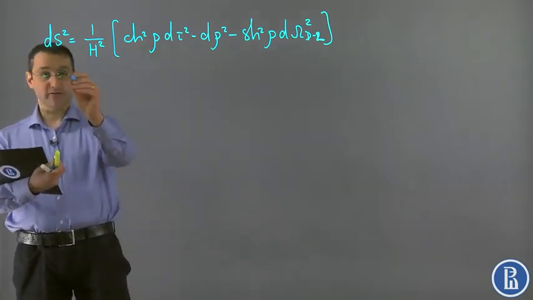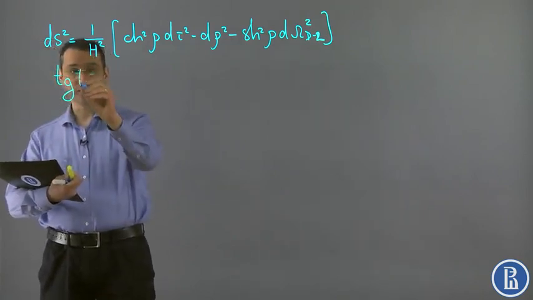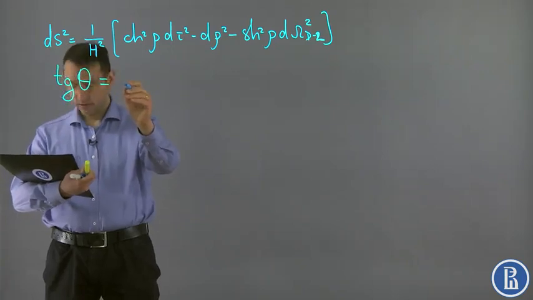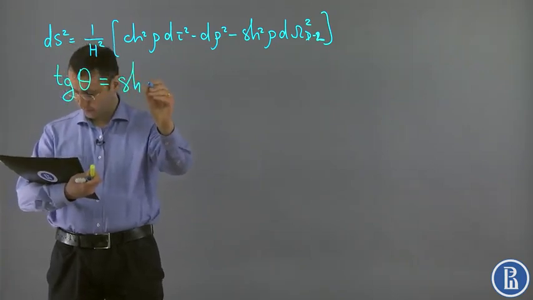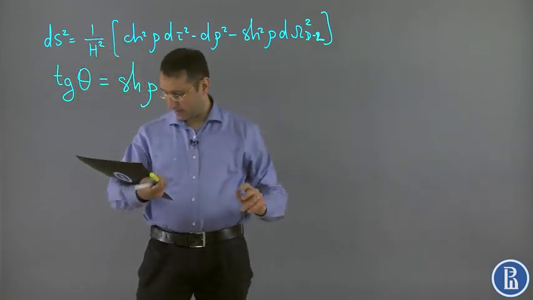So we're going to make the following change. We want the tangent of theta to be equal to hyperbolic sine of rho. So we change sinh ρ for the tangent.